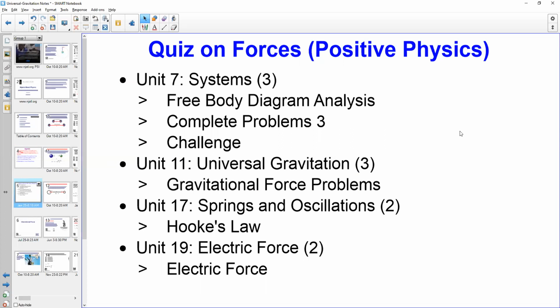and then it randomly generates the numbers for those numbers-based questions. The next part of the quiz is from Unit 11 on positive physics, and that unit's called Universal Gravitation. And there will be 3 questions, but they're all from the same skill. They're all from the skill called Gravitational Force Problems.